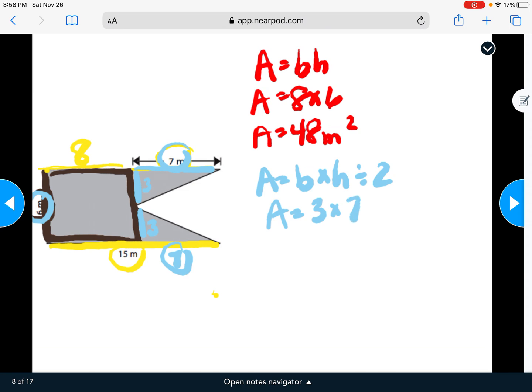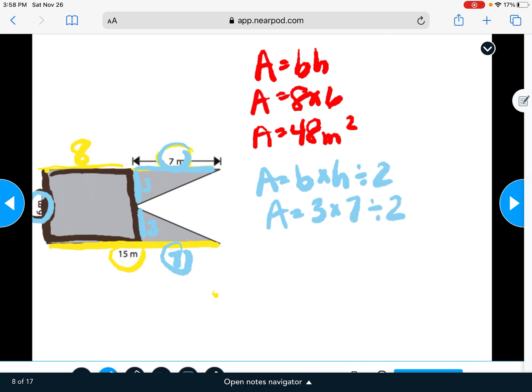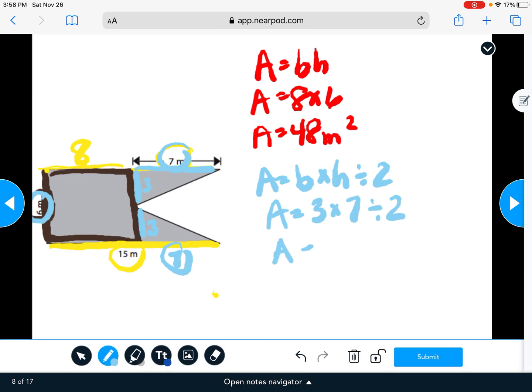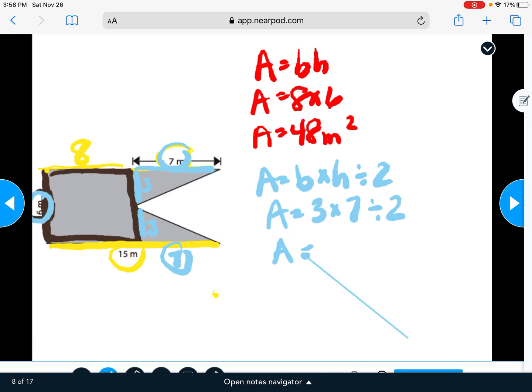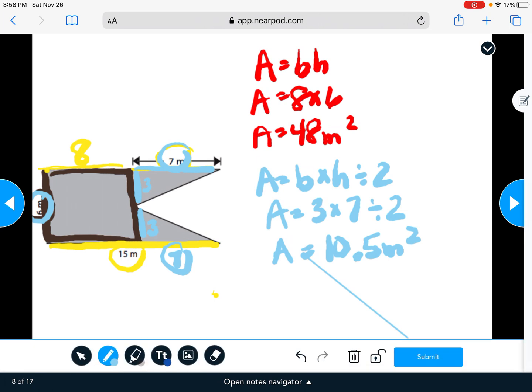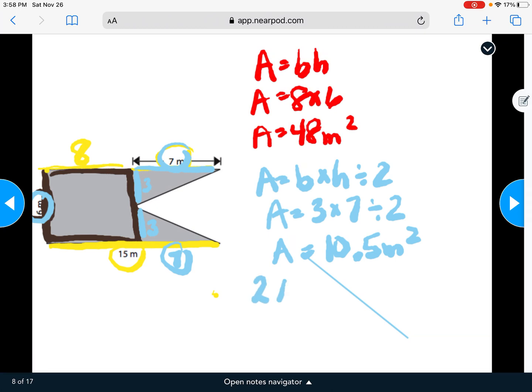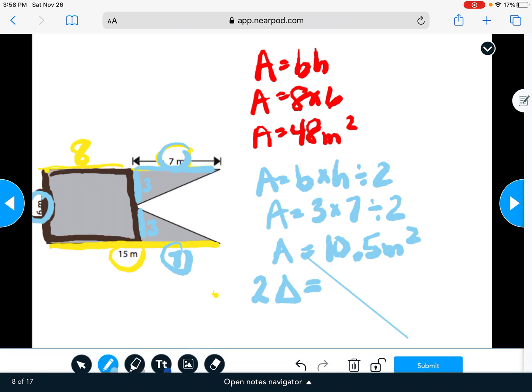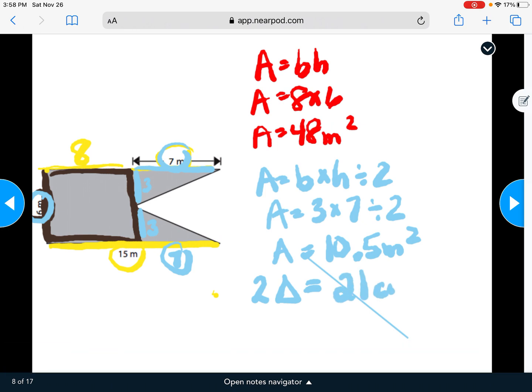So 3 times 7 divided by 2 gives me 10 and 5/10 square meters. But there's 2 of them. So I could do all of that again, or I could just multiply that by 2. So for 2 triangles, that would give me 21 square meters.